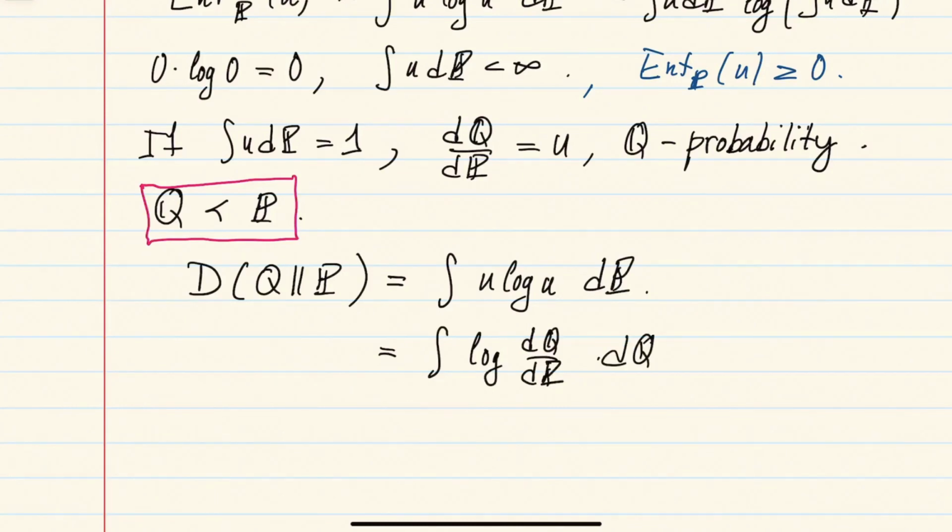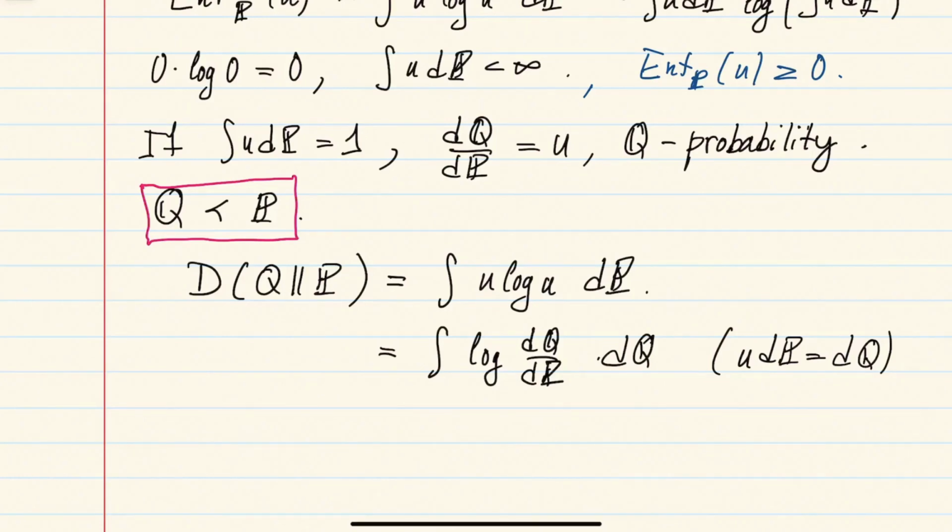Because in this definition, u dp is dq. Okay. So the integral of the log of the density with respect to q is the so-called Kullback-Leibler divergence. And again, this is just a special case, so by Jensen's inequality, this will be non-negative.